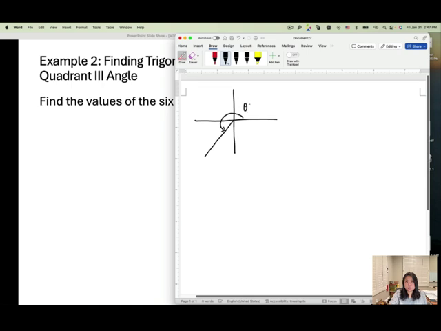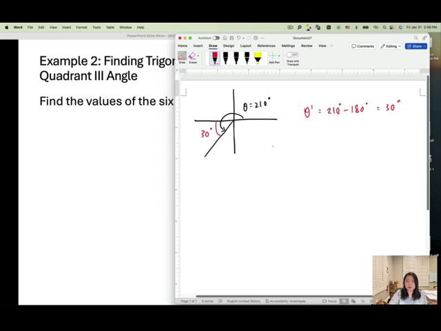First, we find the reference angle, which equals 210 minus 180. So you should get 30 degrees.